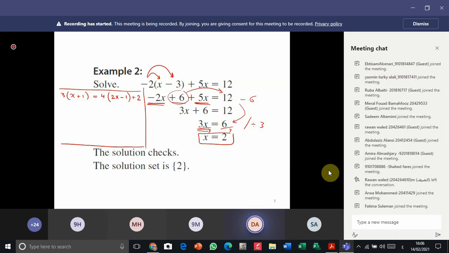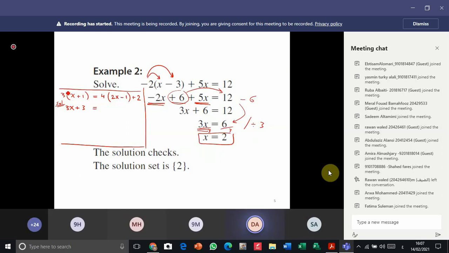Firstly, simplify. We need to remove the brackets. So we multiply 3 with x and 3 with 1. Some students just multiply 3 with x and forget to multiply 3 with 1 or other terms. This is a big problem.